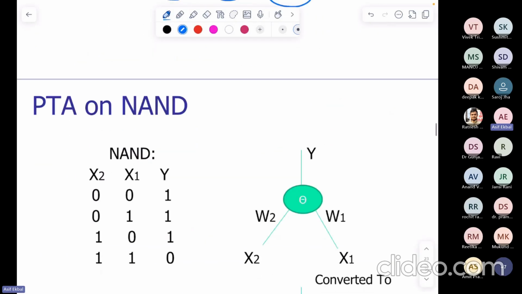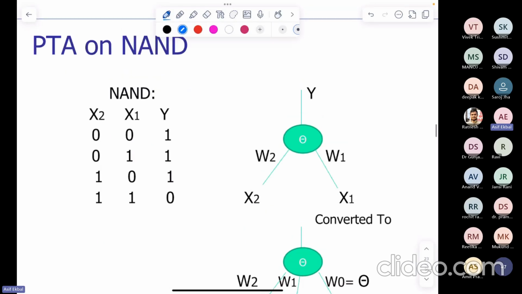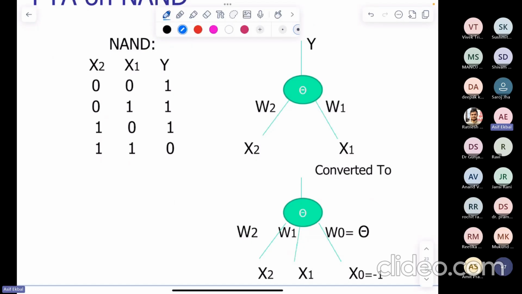So let's see what we mean by this. For example, these are x1 and x2, w1 and w2, and y. And if you have a NAND gate, it is basically 0 0 to 1, 0 1 to 1, 1 0 to 1, and 1 1 to 0. Why NAND? It is the opposite of AND.